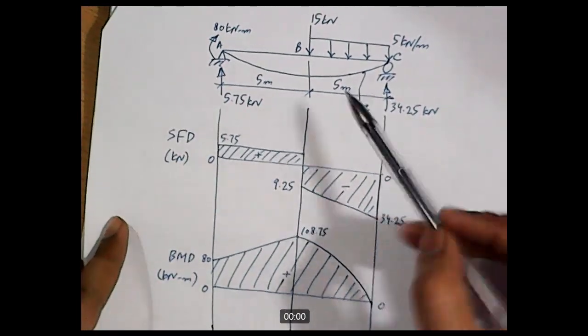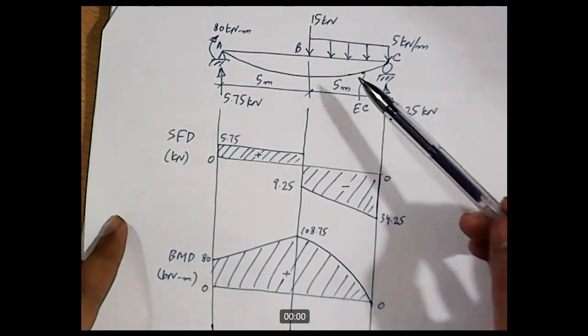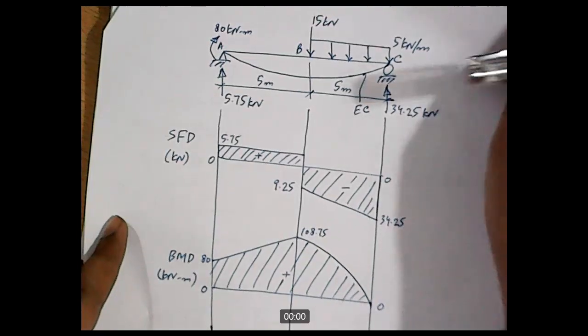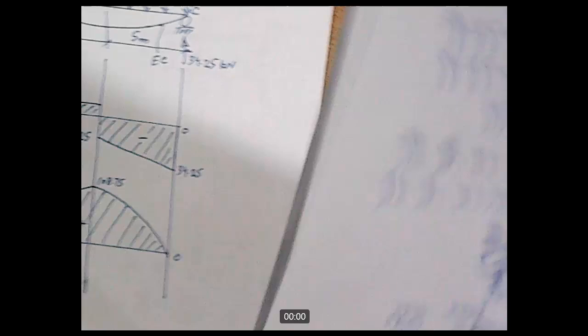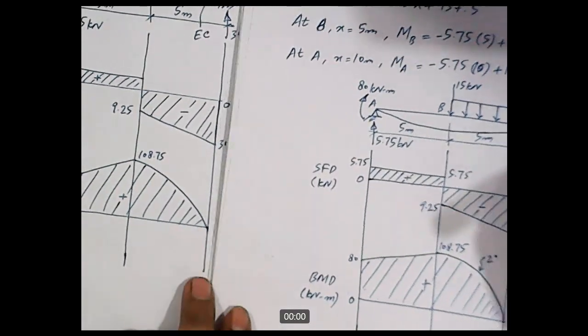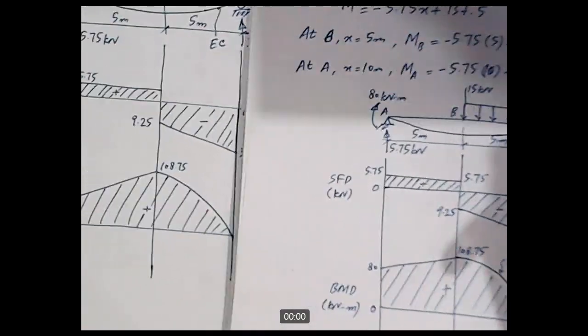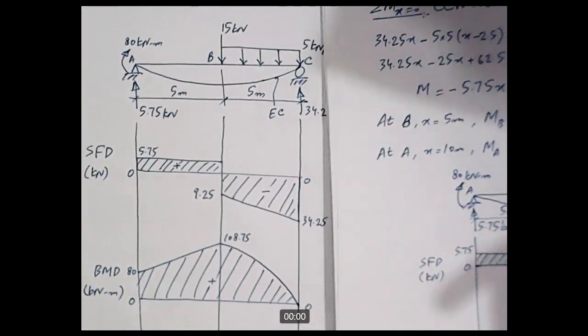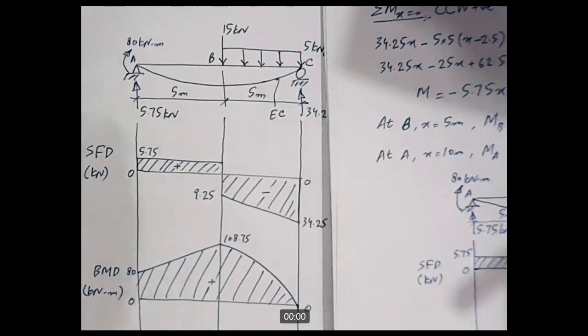You see, this is our previous solution. It's exactly the same beam, and here is our shear force diagram and bending moment diagram, and this is our new solution. Let me try to bring both of them in the same frame. I think it's a bit hard, but you can surely get an idea. This is the old solution, right?